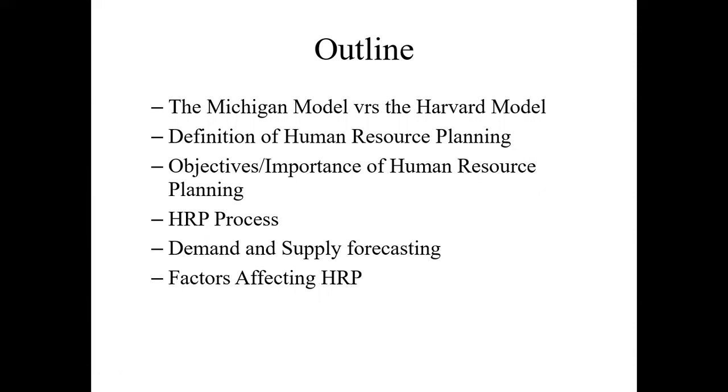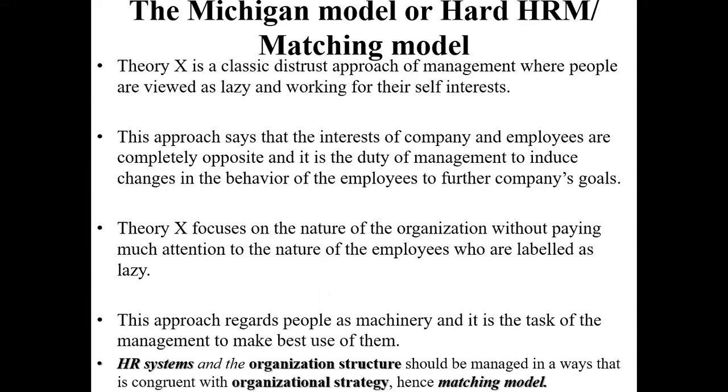So let's begin with the models of HRM. In the field of management and HRM, two main models have taken center stage in an attempt to explain how human beings can be managed effectively and efficiently to achieve organizations' strategic imperatives.